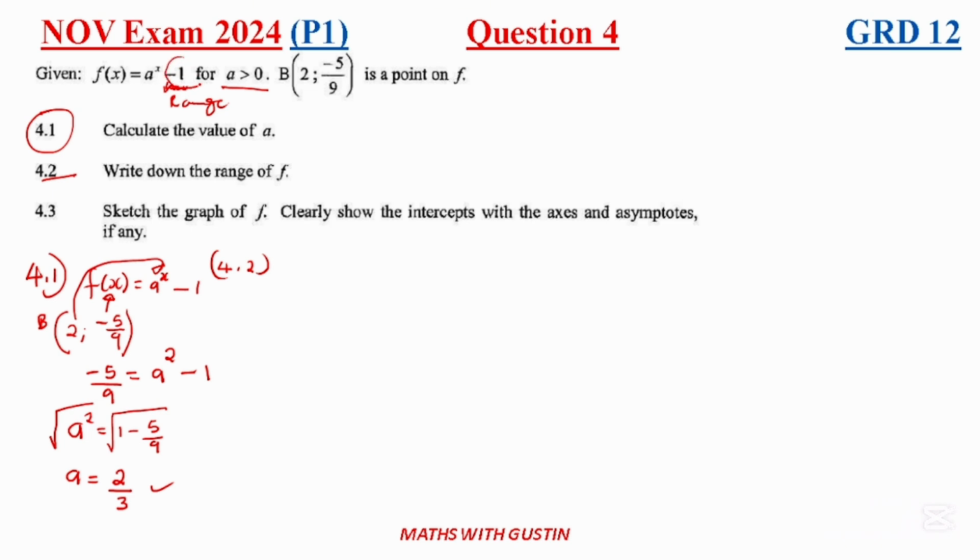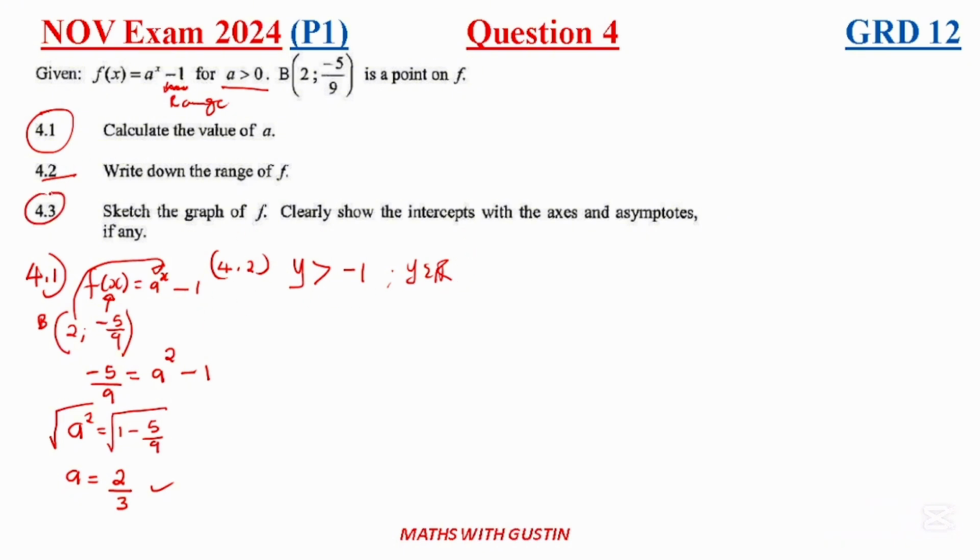No matter which value it is, it has to be greater than this value there. So it means that y is going to be greater than -1, such that y is an element of all real numbers. There you go, and that will be the range there.